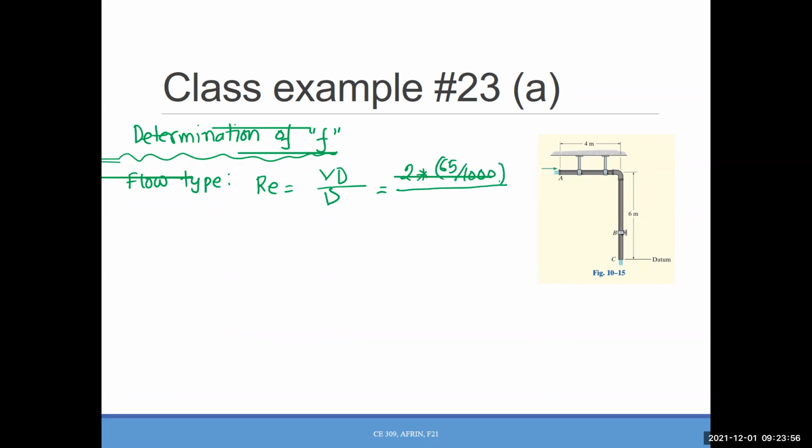And the viscosity was what? 0.8 times 10 to the power minus 6. Now give me the number in terms of 10 to the power something. You should get a very high number.